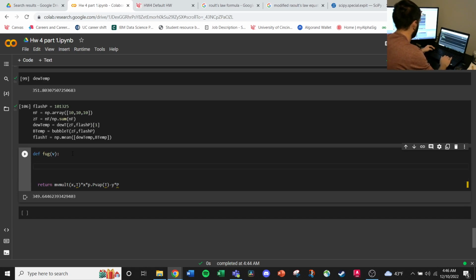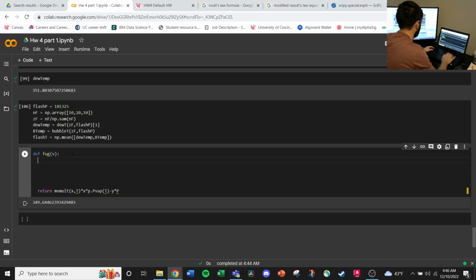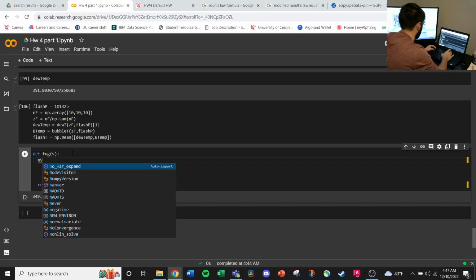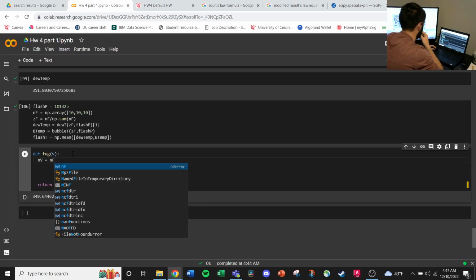And we're going to want to define some stuff that's going to be going in there. Alright, so we'll start with the moles. We have moles of feed going in, and we're going to vaporize some of it. So we're going to have a certain amount of moles of vapor. And like I said, we have our moles of feed, and we're going to have this percentage of how much is vaporized.